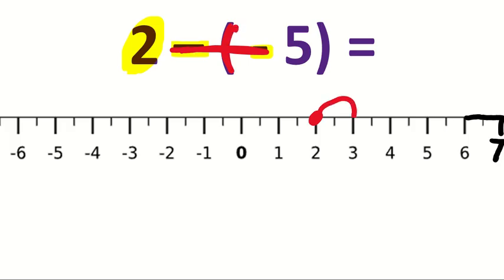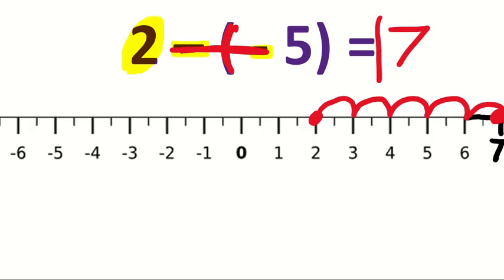So we're going to add 1, 2, 3, 4, and 5. See how I extended that a little bit? So our answer is going to be 7. But remember, it looked like this. 2 minus a -5 is actually 7, because you can increase that line. And yeah, hopefully that makes sense.